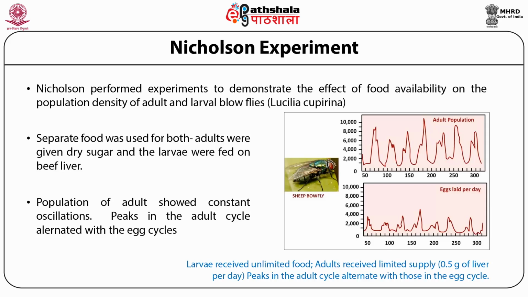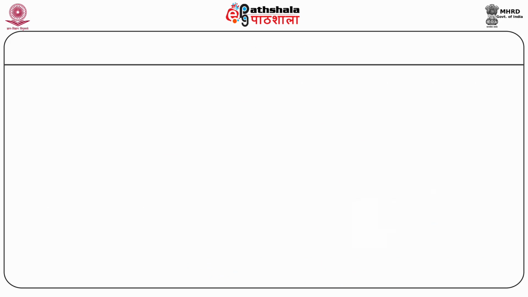In all these combinations of experiments, he could show oscillations in the population. And surprisingly, he found that the oscillations in the peak values of the adults and the eggs were alternating with each other.